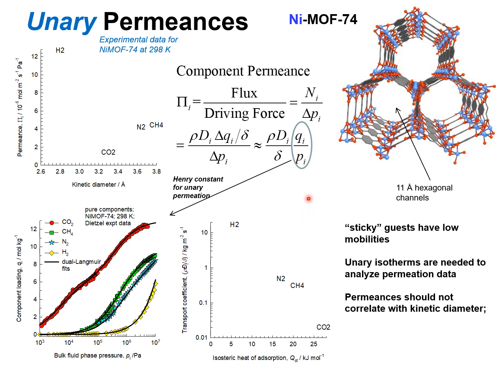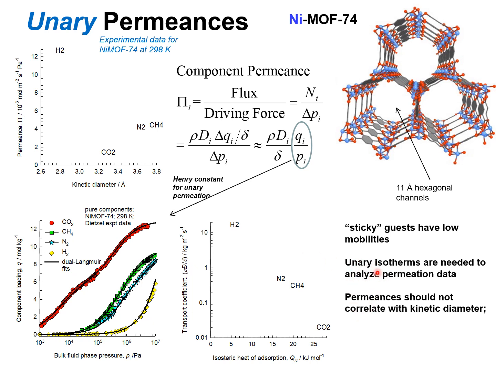These are not just functions of the molecular diameter, and certainly the kinetic diameter is not the relevant parameter. The message to emerge from this analysis so far is sticky guests have low mobilities.